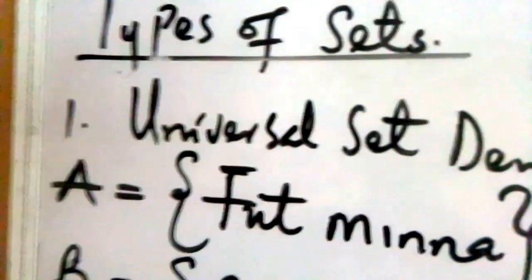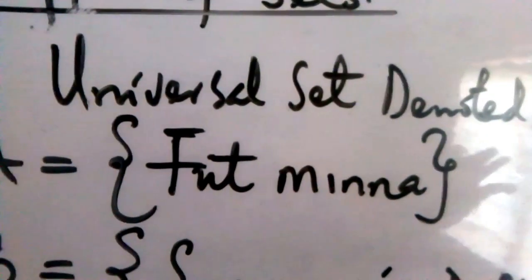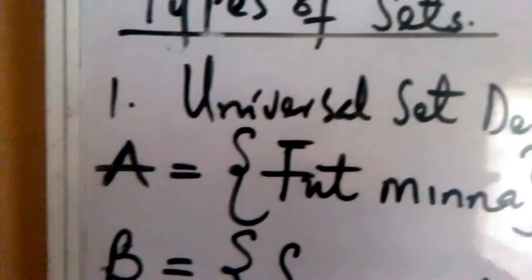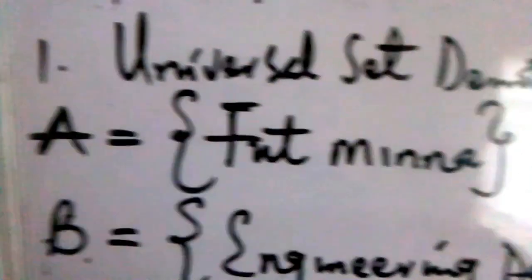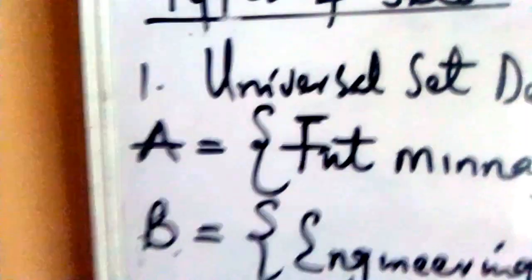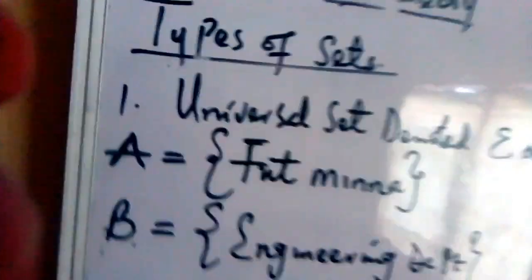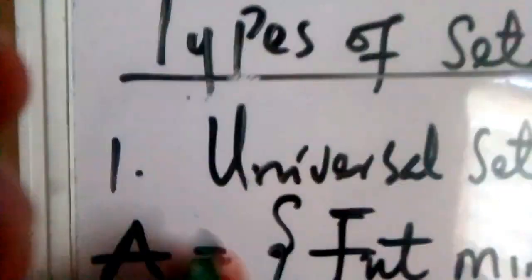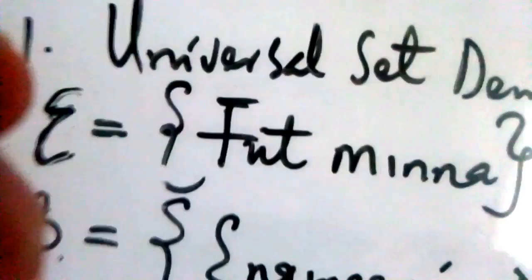So universal set means a set that comprises all the elements in consideration or of interest. Now, for example, let me take for example now. This is the universal set.